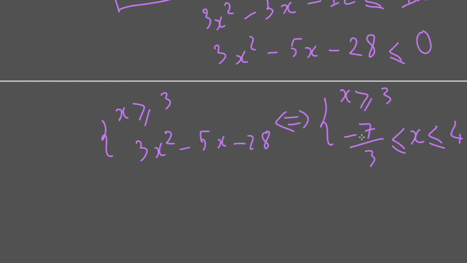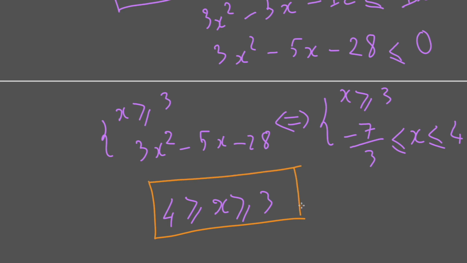So you see that when we combine these two domains of x, x will be smaller than 4 and greater than 3. So that is the final solution of this inequation.